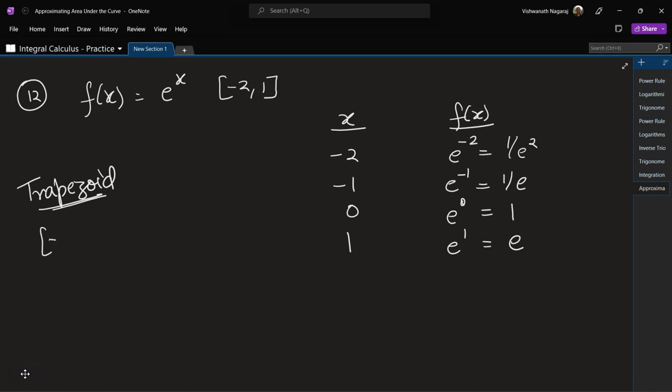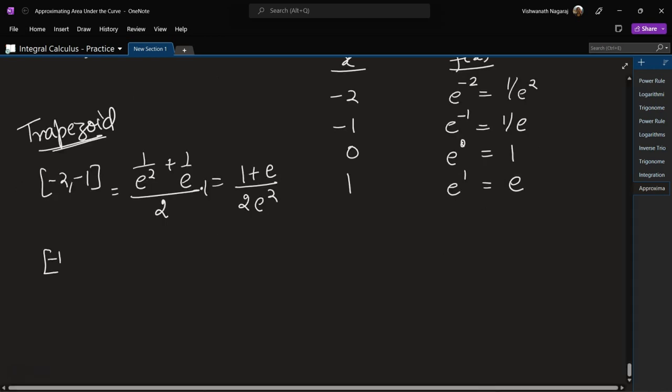So -2 to -1 would be 1 by e square plus 1 by e divided by 2. If we evaluate this, we get 1 plus e by 2 e square. And the intervals are in increments of 1, so times 1.